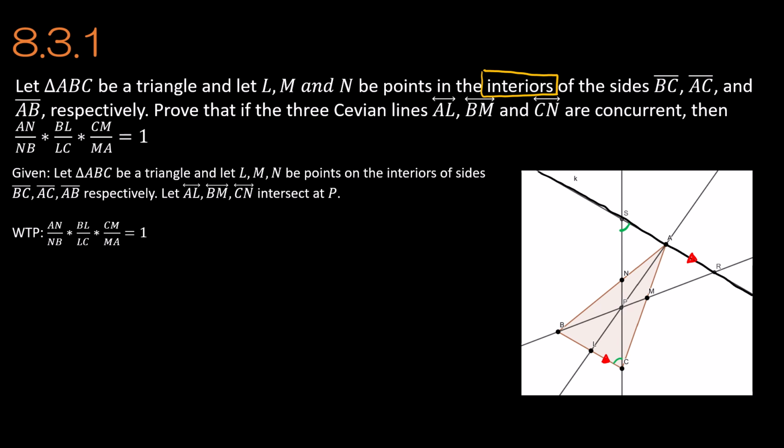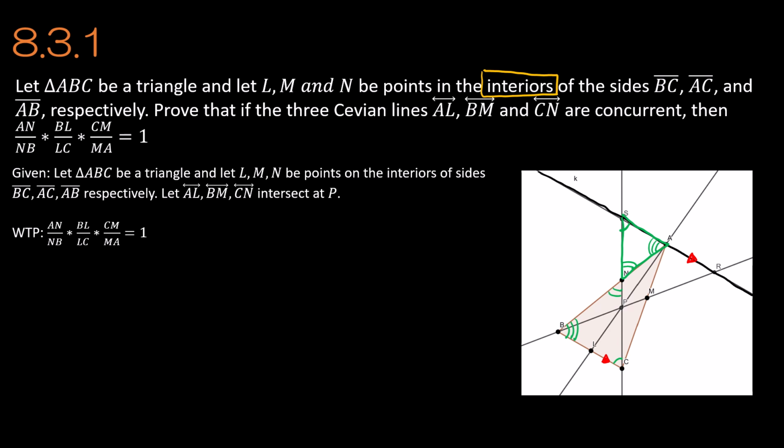I'm going to say that ANS is going to be congruent to BNC by the vertical angles theorem, and therefore, because that makes this angle congruent to this angle, I can say that these are similar triangles.